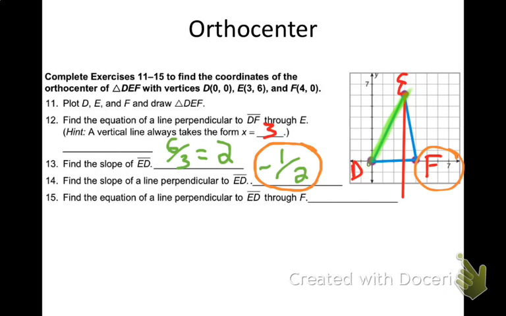So from F, I go up 1, left 2, up 1, left 2, and I get a line that looks something like that. That is my altitude now.